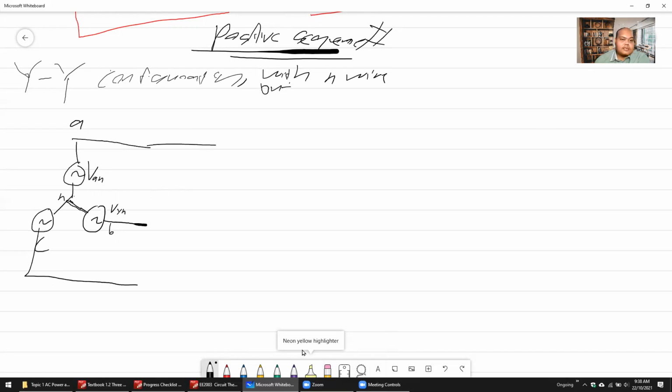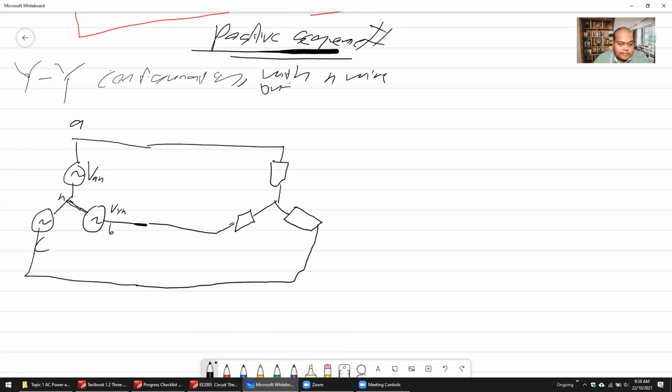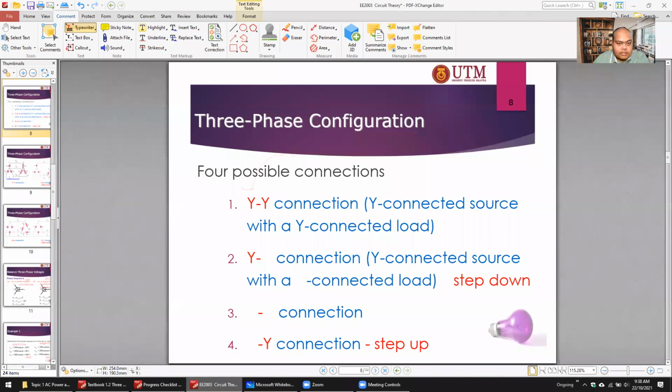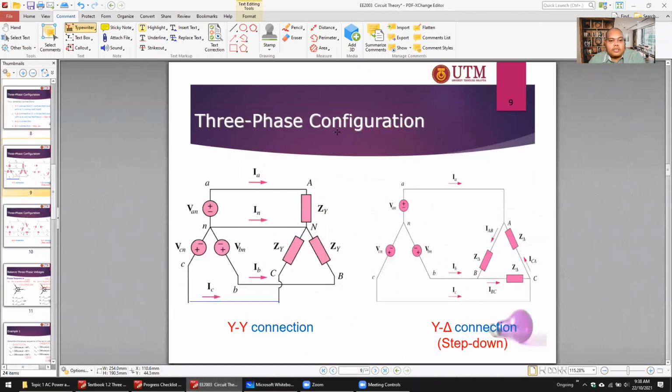How about the star? You have this one. If you look here, not the textbook, this one is not the note. I think there is something wrong. So you have to be careful.